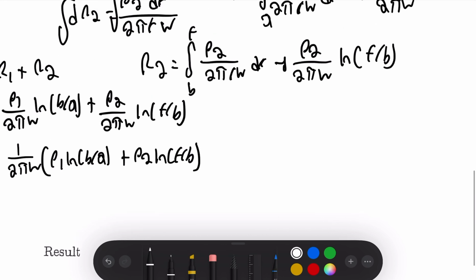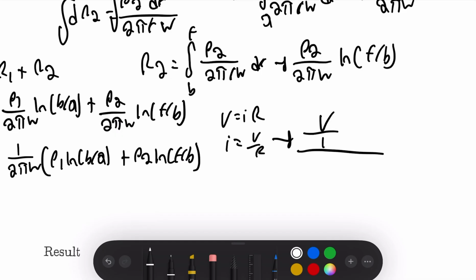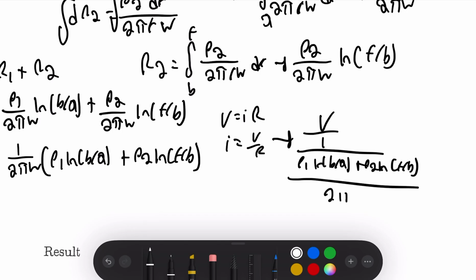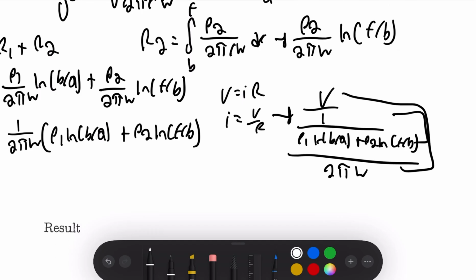And I note that V is equal to IR. I want a current, I is equal to V over R. I know what V is. I just solve for R. So I'm going to have the numerator, which is rho 1 ln of B over A, plus rho 2 ln of F over B, divided by the bottom, which is 2 pi W. So if I simplify this fraction, I get that the current is 2 pi WV over rho 1 ln of B over A. Let me write that better.